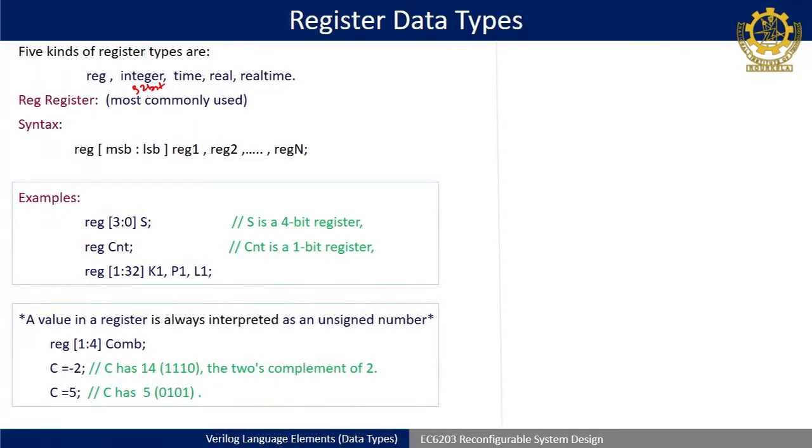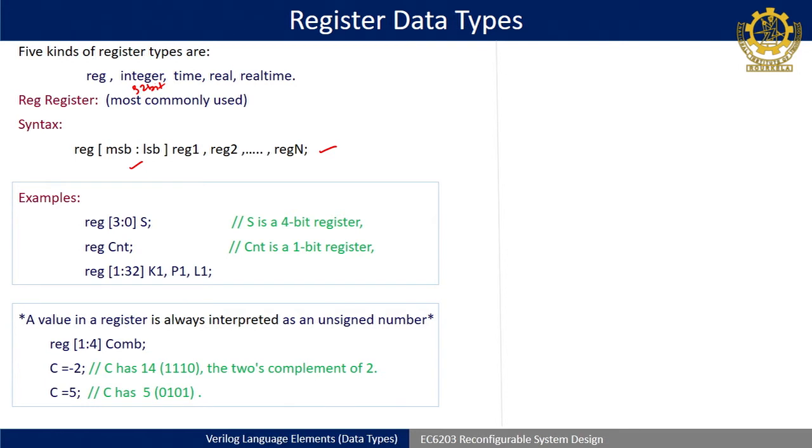Now the general syntax is same like net, so reg, MSB, LSB, and you can define any number of registers within a single line. So MSB, LSB will define your upper bound or lower bound of the range.